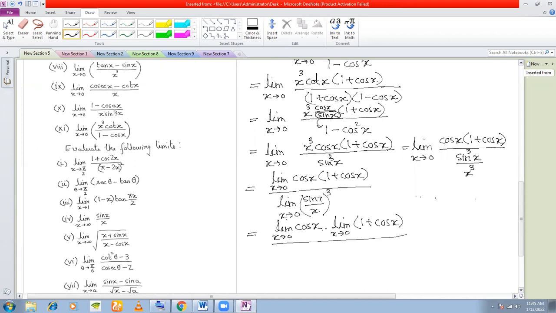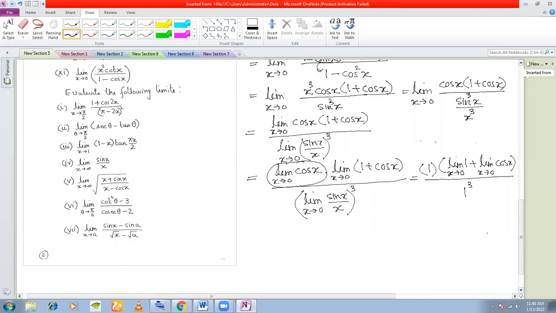divided by, and in the denominator, you can take the limit inside the power, whole cube, right? Now limit x tends to 0 cos x, this part here, is 1, and the rest you can distribute this limit over limit x tends to 0 of 1 plus limit x tends to 0 of cos x, and in the denominator you have 1 cube, because limit x tends to 0 sin x by x is the standard limit.